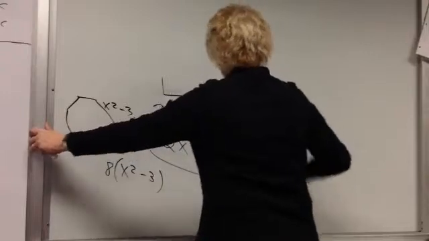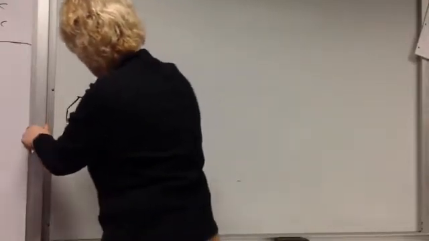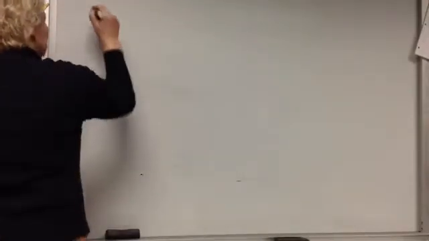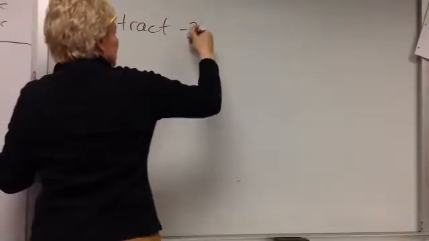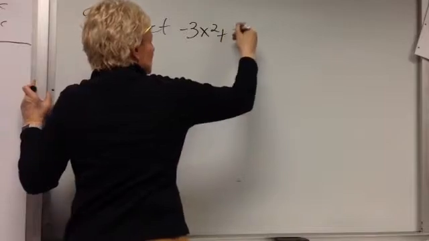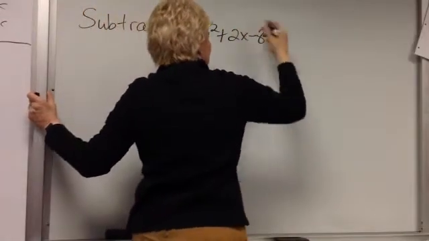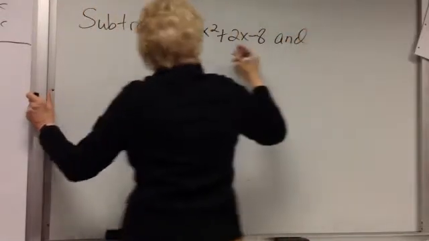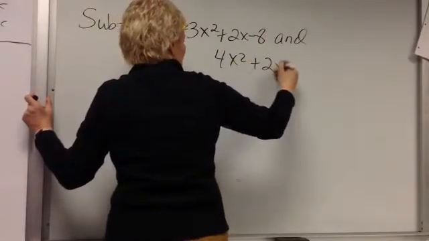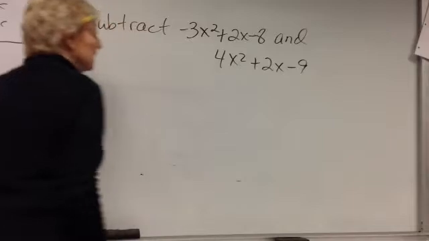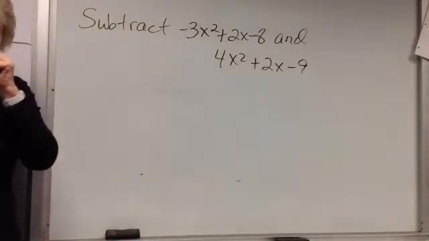Make sure if I write something in words like subtract negative 3x squared plus 2x minus 8 and 4x squared plus 2x minus 9. Is that when you use parentheses? If I tell you, that's when you use parentheses.